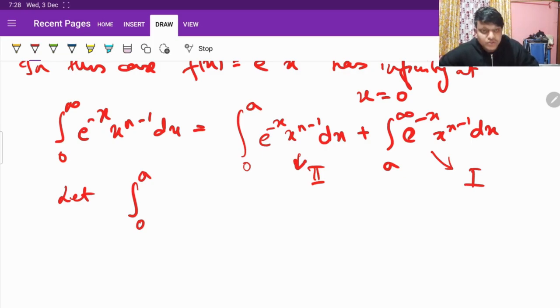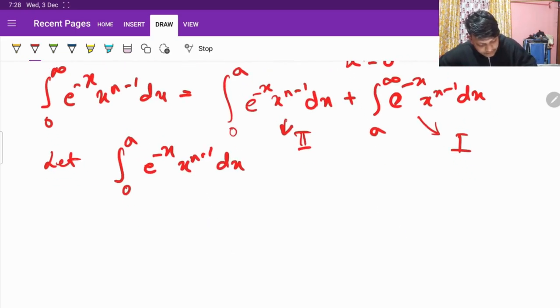So from 0 to a, we have e to the power minus x. Obviously we have to do these separately. Let us consider this, so let me rewrite it. Here this is the improper integral of the second kind, so obviously we are going to make use of the mu test of the second kind.